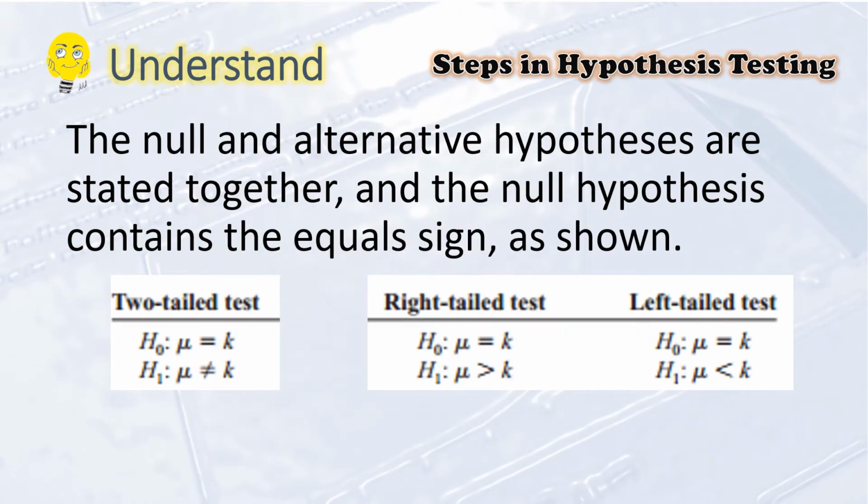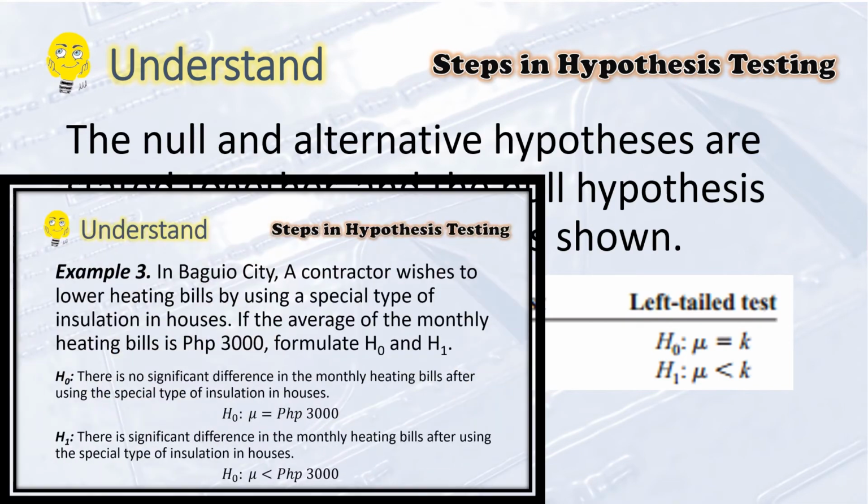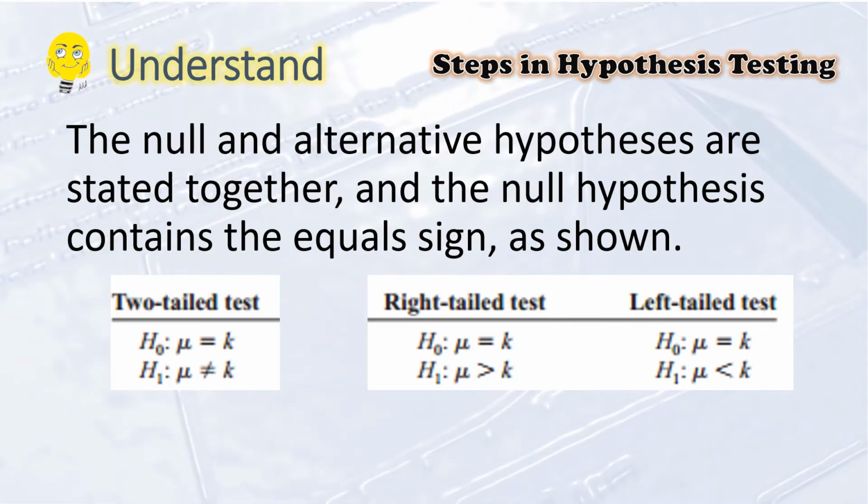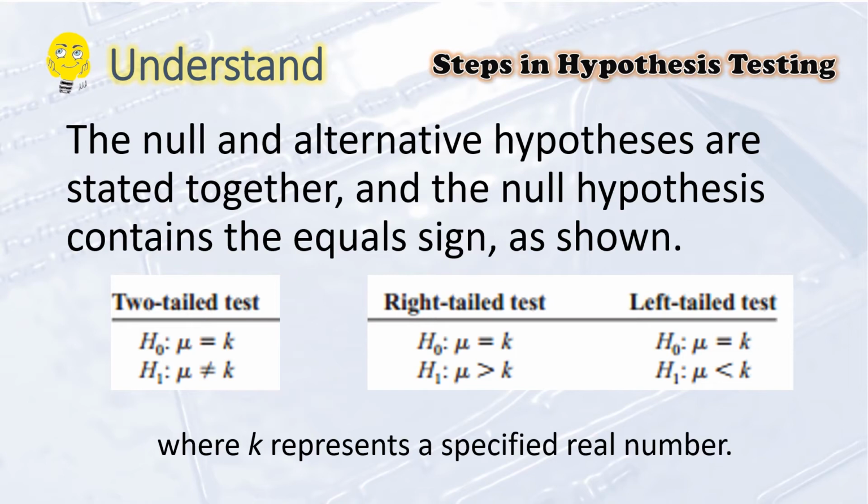In the left-tailed test, the null hypothesis is given as mu is equal to k and the alternative hypothesis as mu is less than k. Hence, the third example is a left-tailed test. The right-tailed test and left-tailed test are also called one-tailed tests. In here, k represents a specified real number.